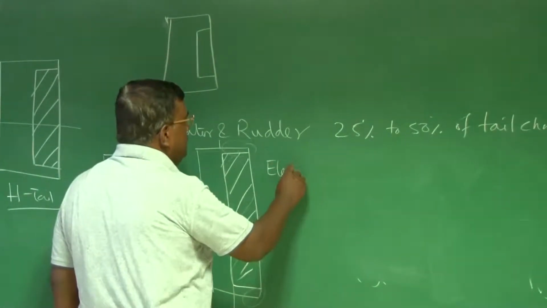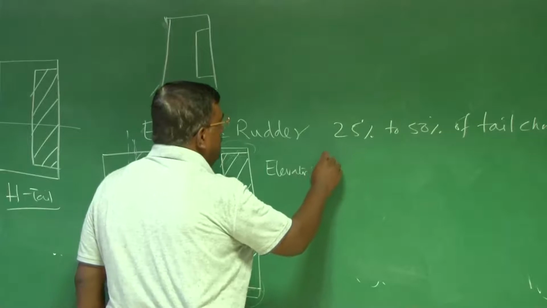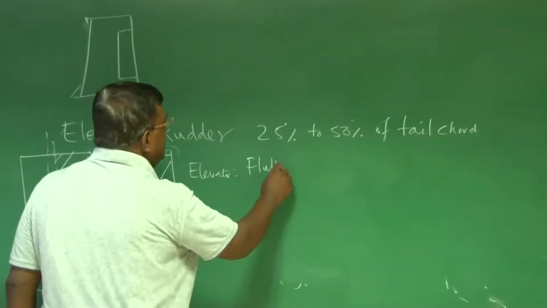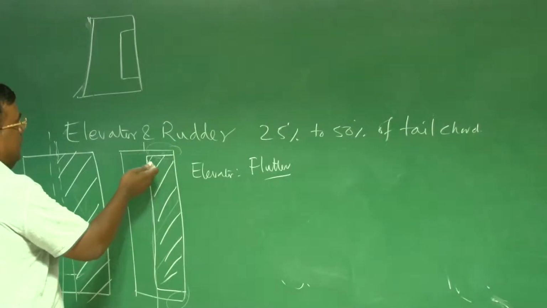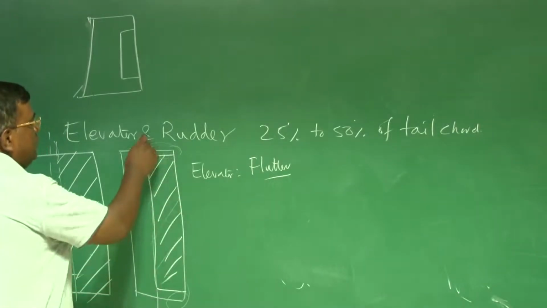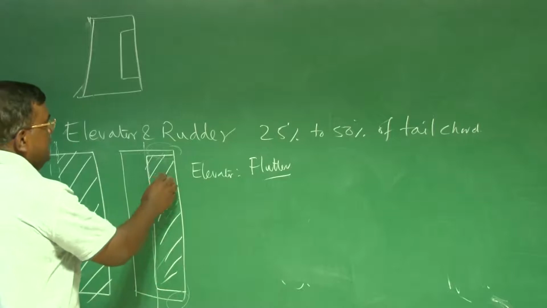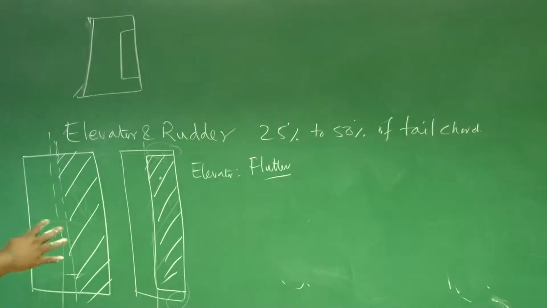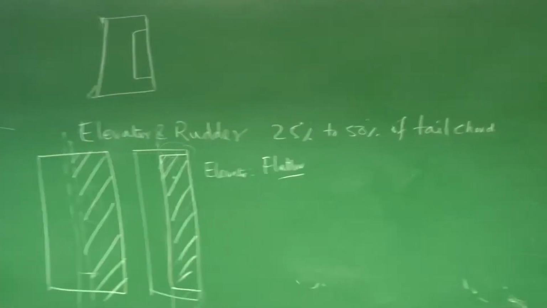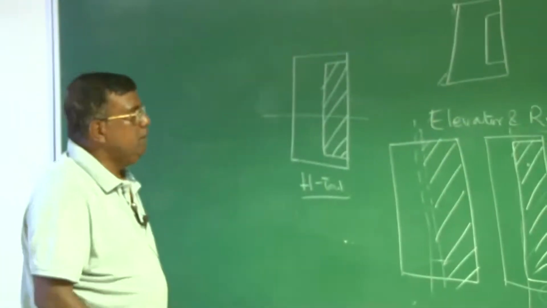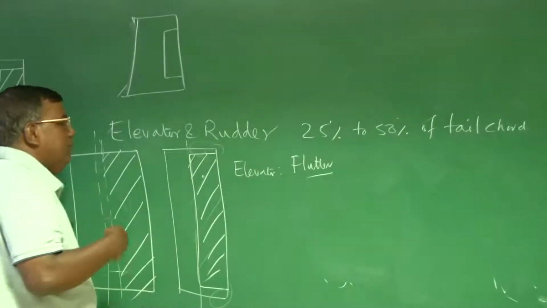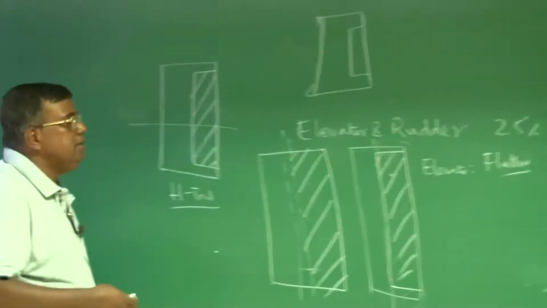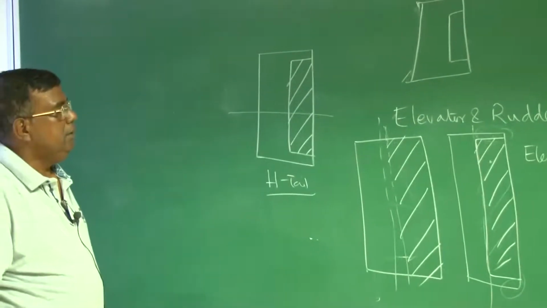That there is something called flutter at high speeds. You could see that if this is the elevator which is supposed to move about this hinge line, its CG is behind, so it will have a tendency to do like this. So for that, we also do some other balances, we call aerodynamic balance, mass balance.